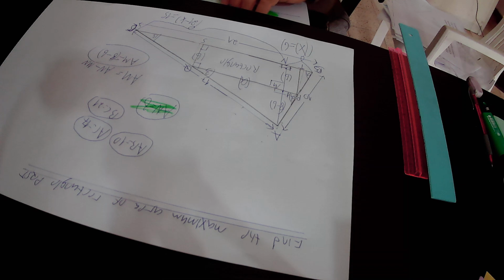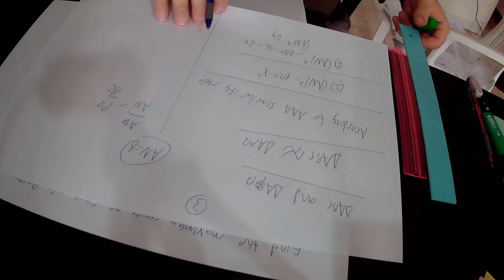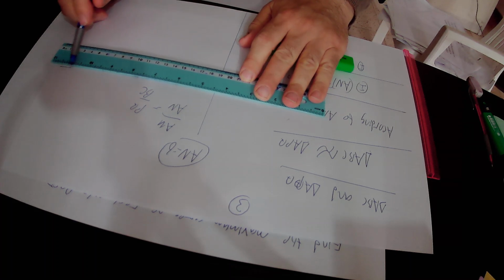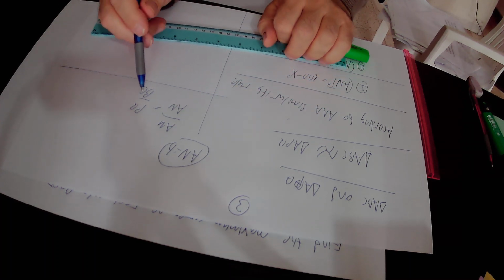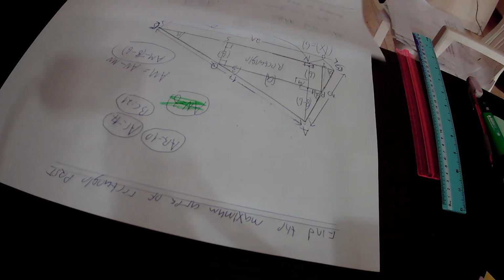So in conclusion, because the small triangle APQ is similar to the big triangle ABC, the following relationship exists between their sides and their heights. AM over AN equals PQ over BC.